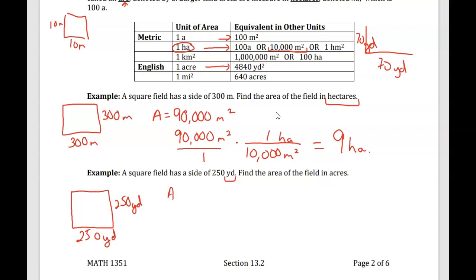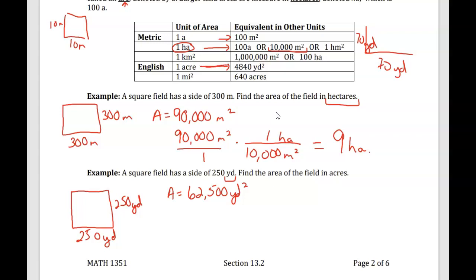So if I take the area, 250 times 250 would give me 62,500 yards squared. And I want to know how many acres this is.